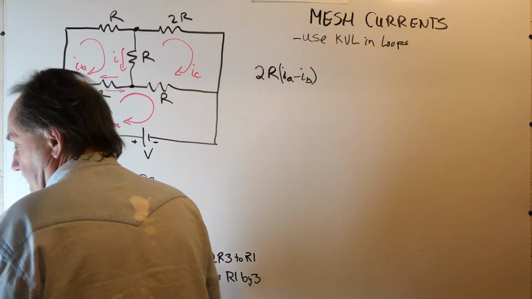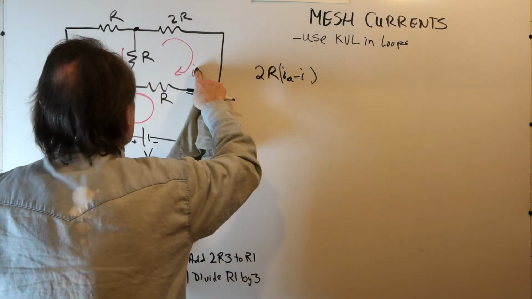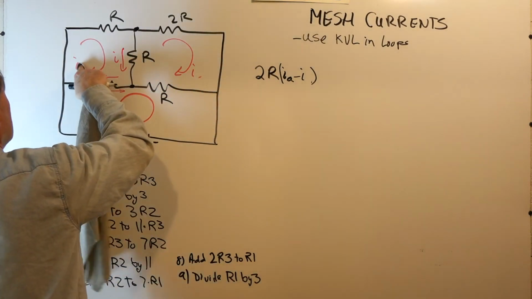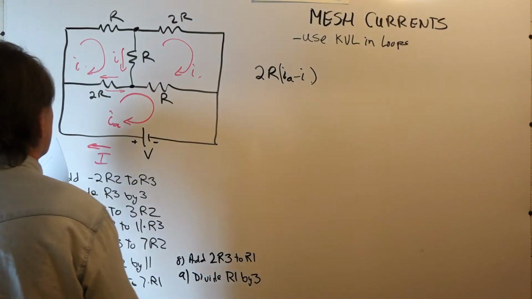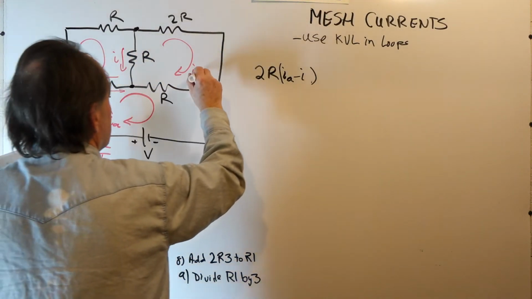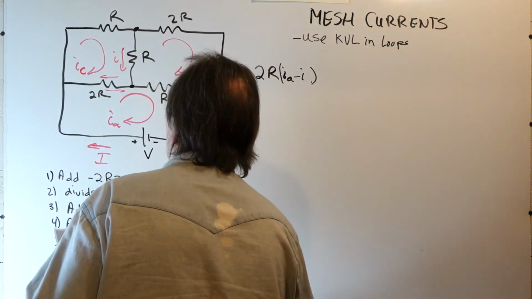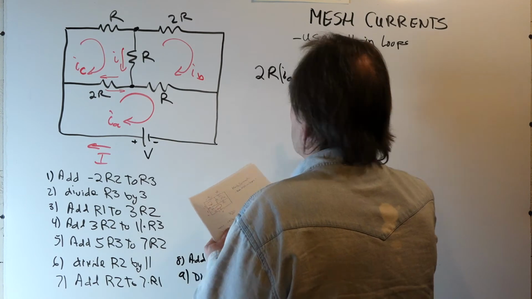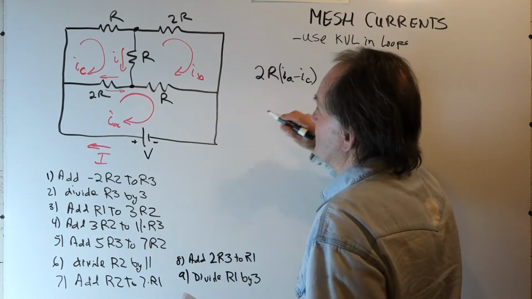Let's see here. I'm going to call these a different designator. This is going to be IC, and this is going to be IB. So this will be (IA minus IC) times 2R.